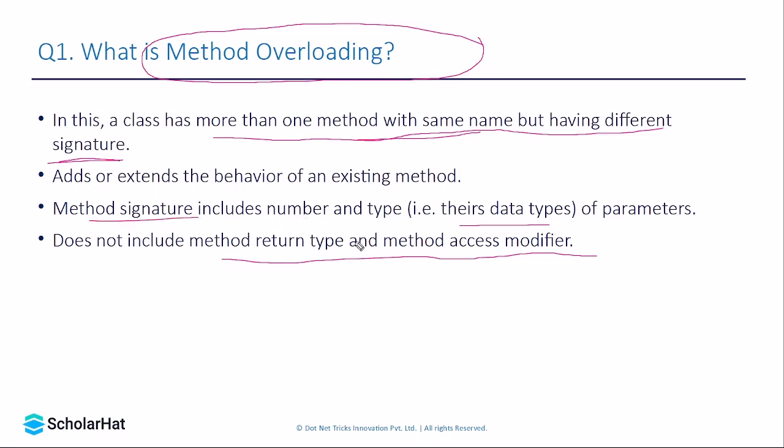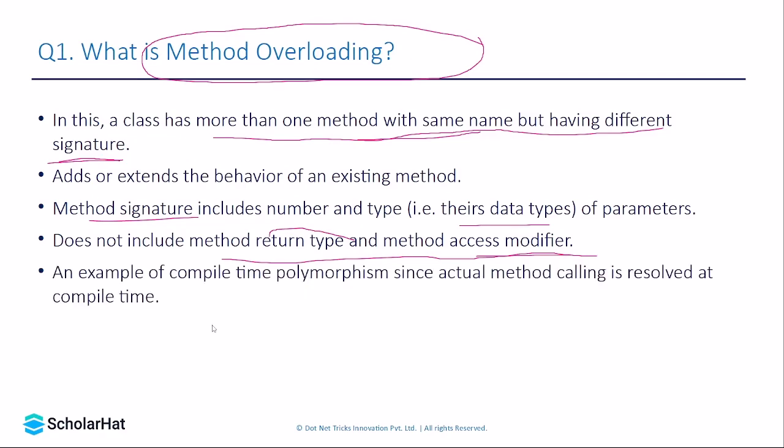It does not include the return type, whether they are returning void, an integer or a string, or their access modifier, whether public, private, or internal. Again, it is an example of compile time polymorphism because the actual calling method is resolved at compile time only.